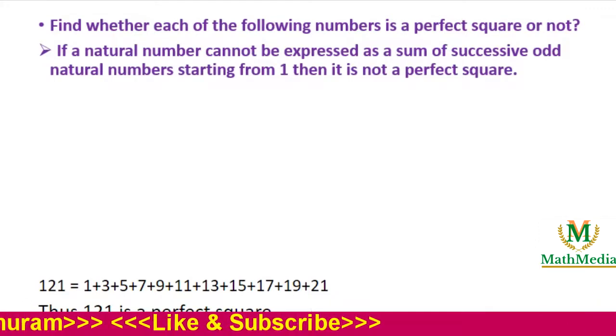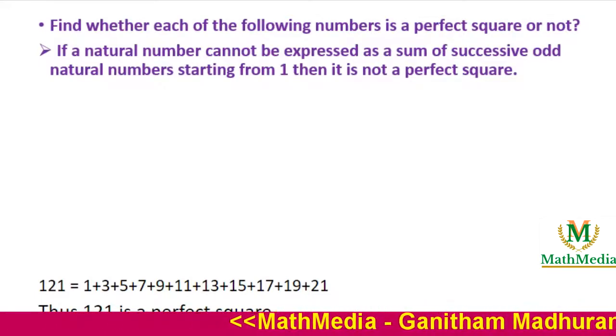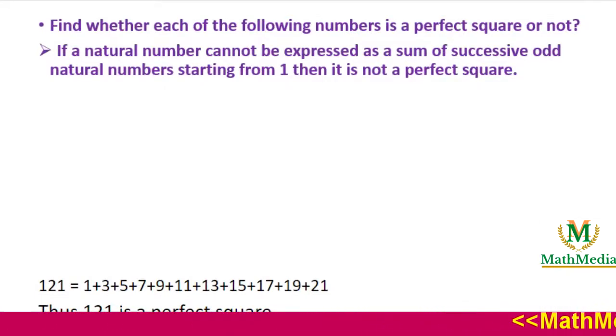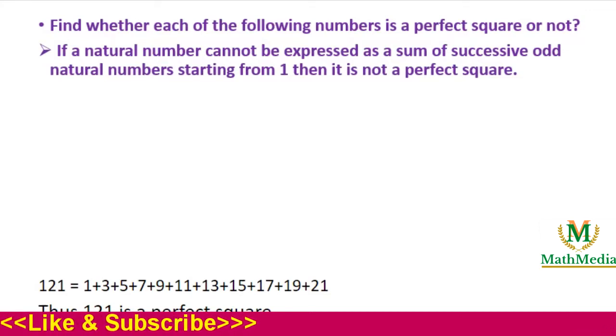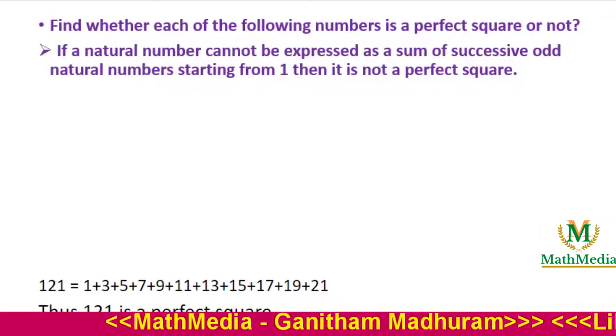So if the given number is a perfect square, then we will be able to express it as a sum of successive odd numbers starting from 1.